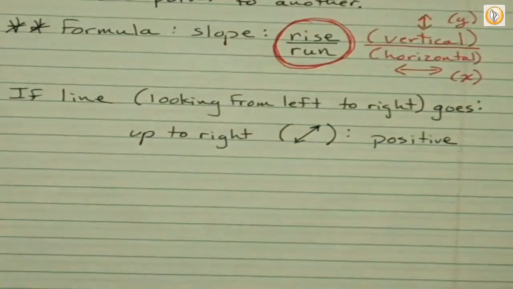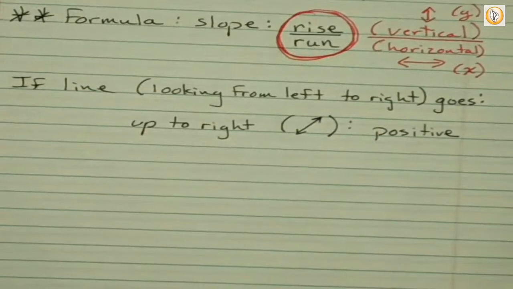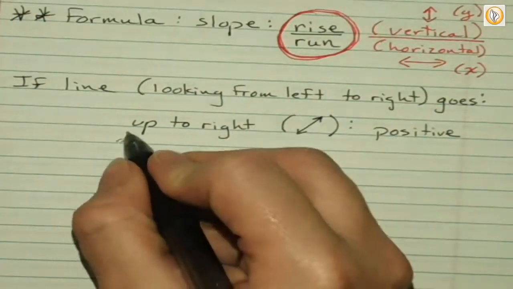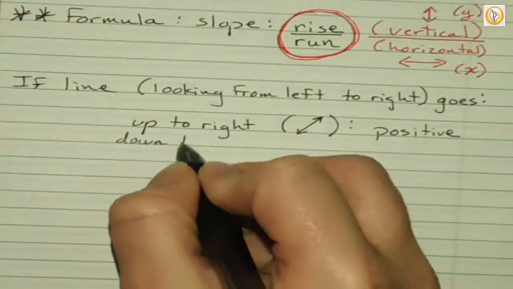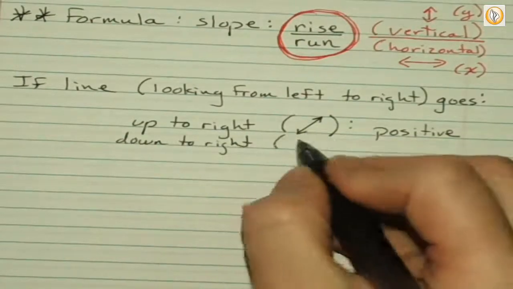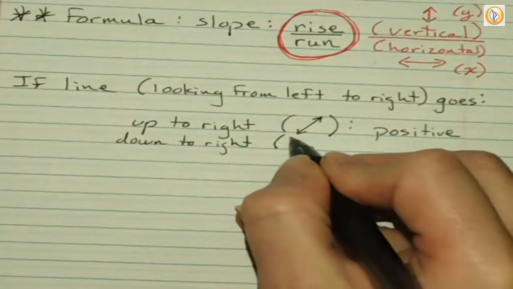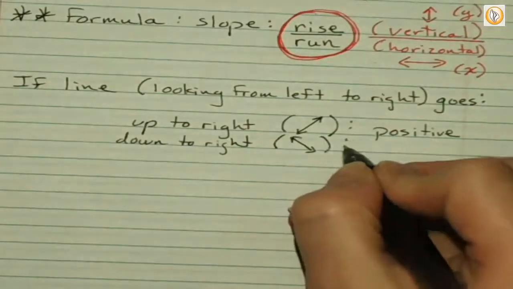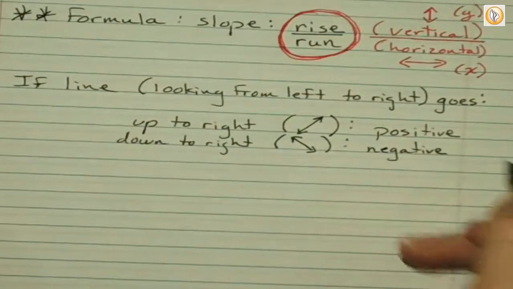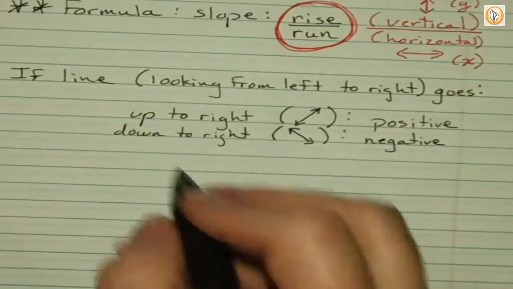Now I'm going to tell y'all, I have to teach this part to you. No one ever memorizes it, and it's not detrimental to learning. If the line goes down to the right, if you can memorize this, it will actually benefit you, but very few people ever do. Your slope is negative. And I'll explain that to you as well.